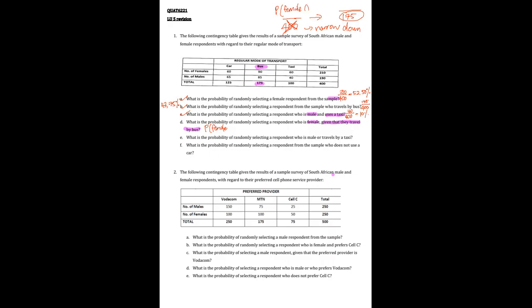It's like an upside down U. You will see that in the slides as well. So female and bus. Now if you go to the table again, in line with female, in line with bus, you just literally use a pen to narrow it down to that. So that is 90 out of the total of 175. So as a percentage, that's 51.43%.